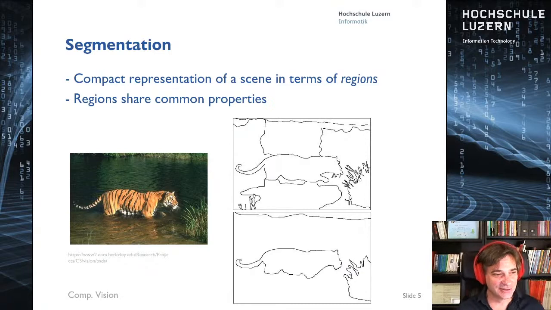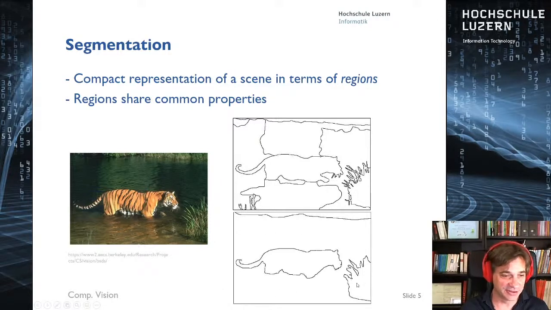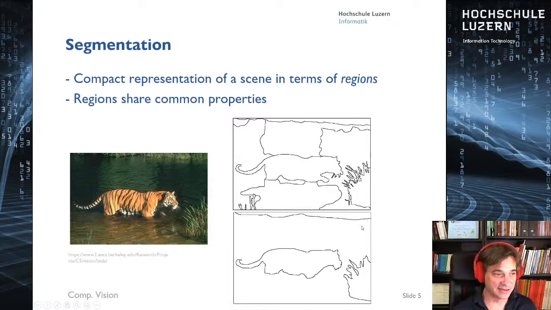But this is not always so easy, and it's also not so clear what the ground truth would be. These are two images from a Berkeley data set where they asked people to segment the image, and people responded differently. For one person, the segmentation is just the tiger, then everything that is water, and then everything that is ground.